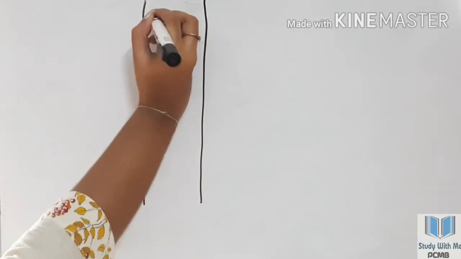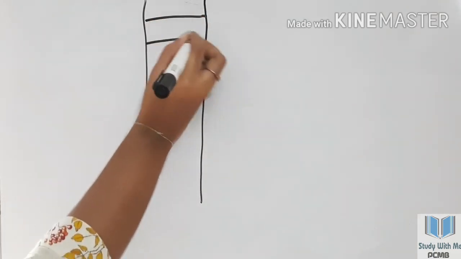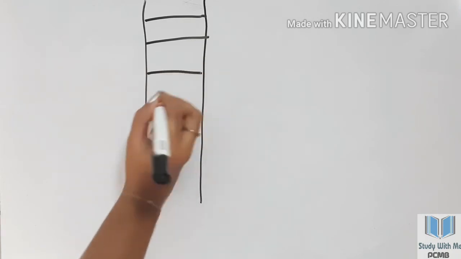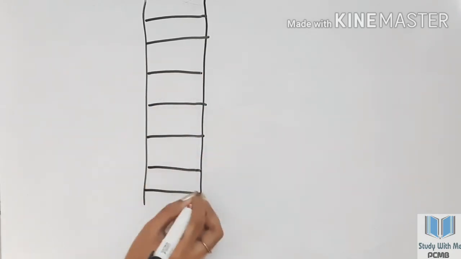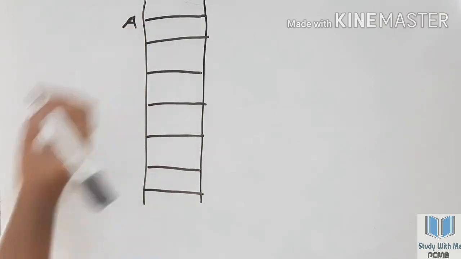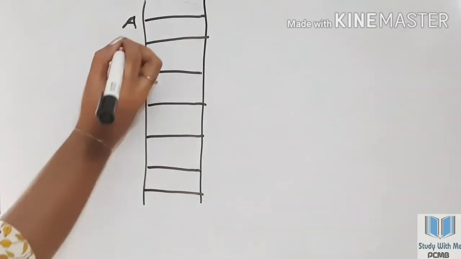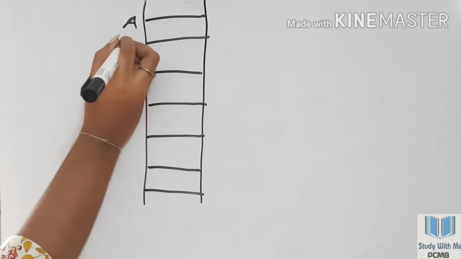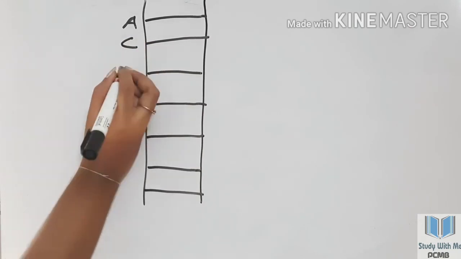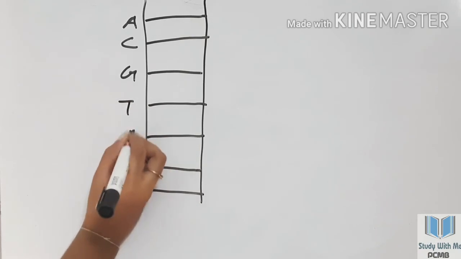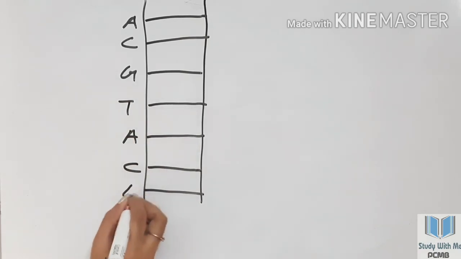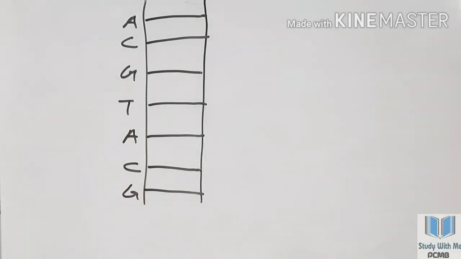It is not in that shape, it is elongated. Here is the base pair. I will tell you one more thing. If here is adenine, then here consider cytosine, then here guanine, here thymine, then adenine, cytosine, guanine, and so on. I am just writing this as a reference for your understanding.